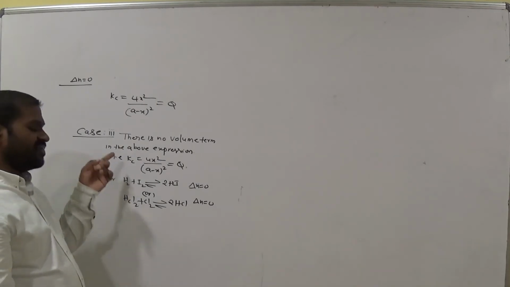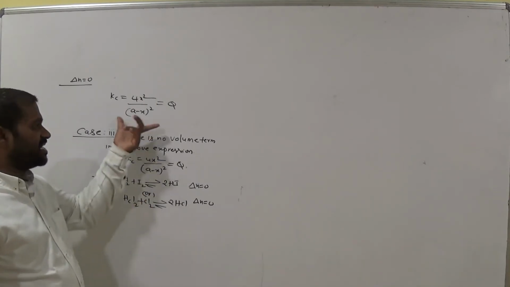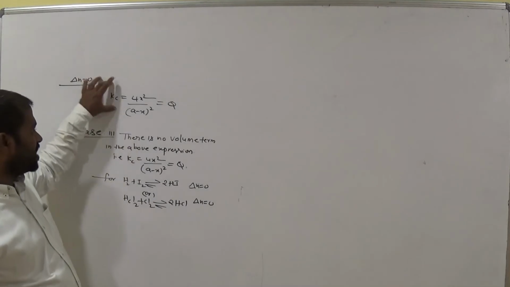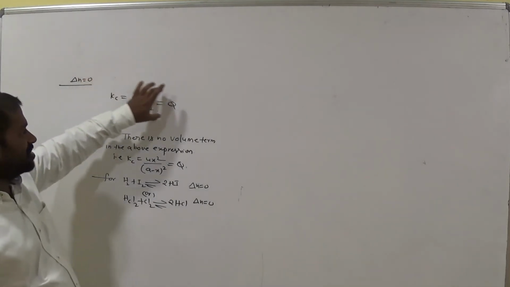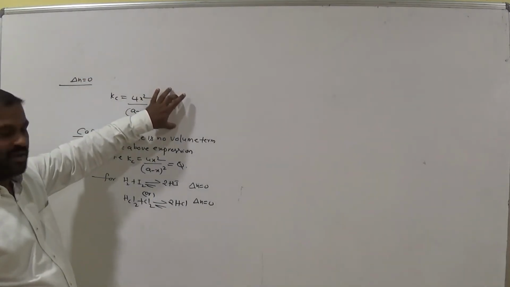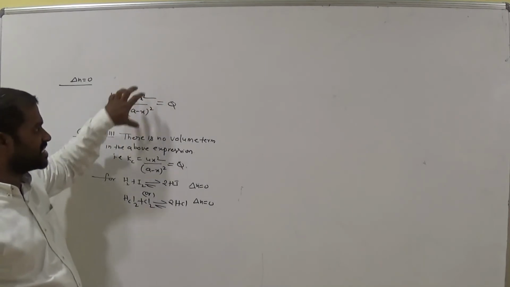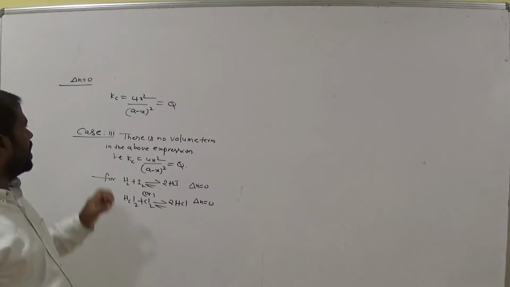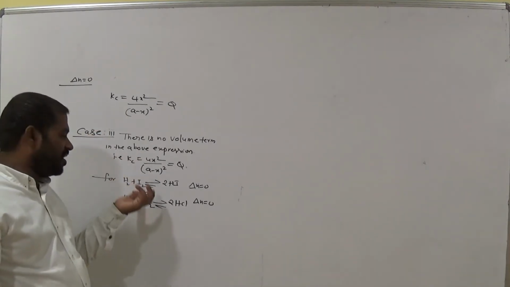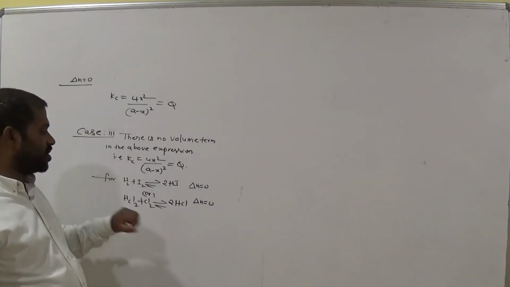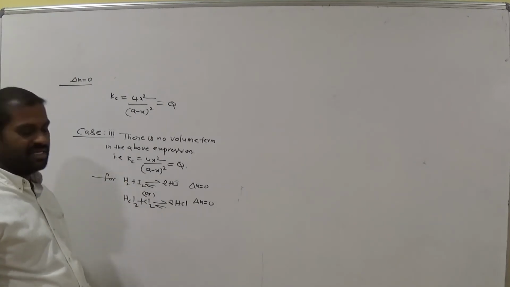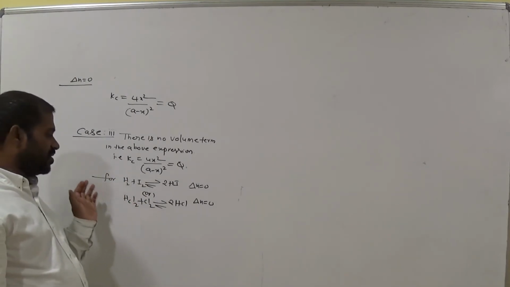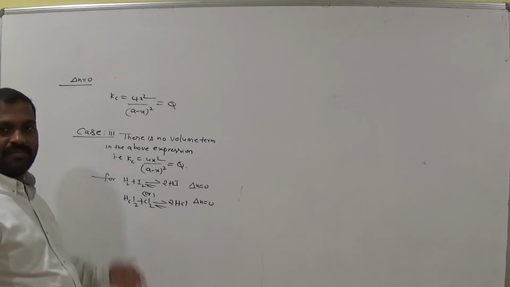Suppose we increase the volume or decrease the volume, is there any change? No change in Kc and no change in Q, am I right? Why? Because there is no volume term in Kc and Q. So in this reaction, if we increase or decrease the volume, there is no effect on the equilibrium position. There is no change, so it moves neither forward nor backward.